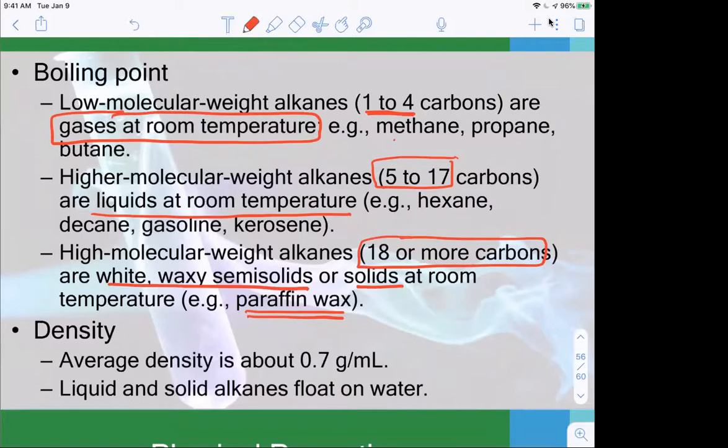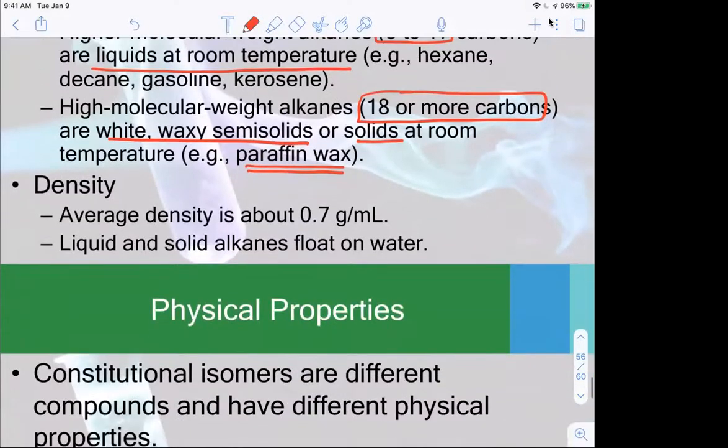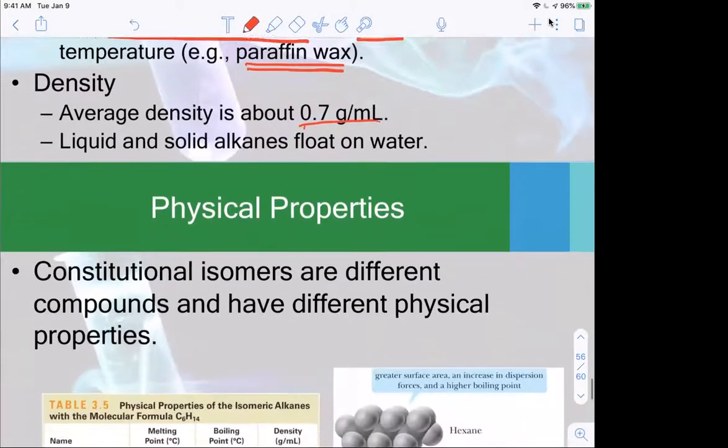So it's going to take more energy to phase change from the liquid to the gaseous phase. So that's going to raise that boiling point. Density, they're less dense than water, which is about 1 gram per mL. The density of alkanes is about 0.7. So liquid and solid alkanes are going to float on water.